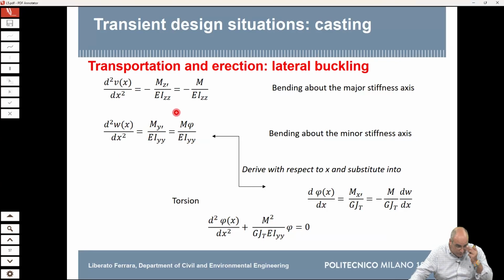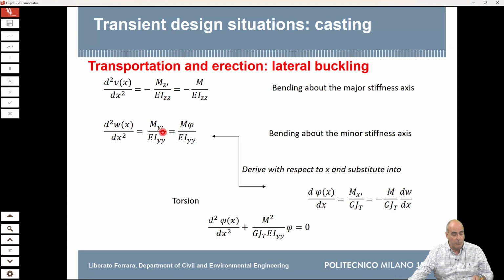Simply, you also have to take care that here you have I_zz, which is BH cubed divided by 12. Here you have the other moment of inertia, HB cubed, because you are bending your beam in the other direction. So these two moments of inertia are different quantities.